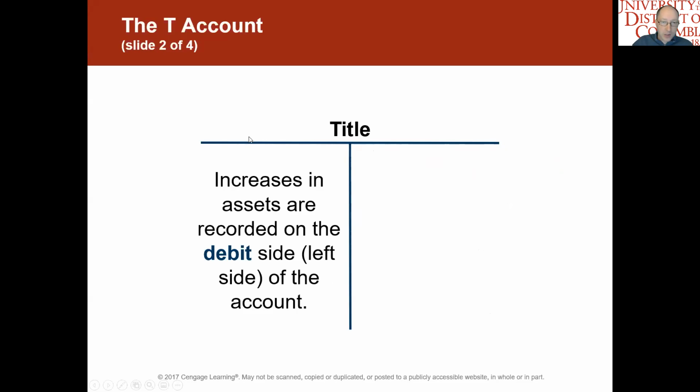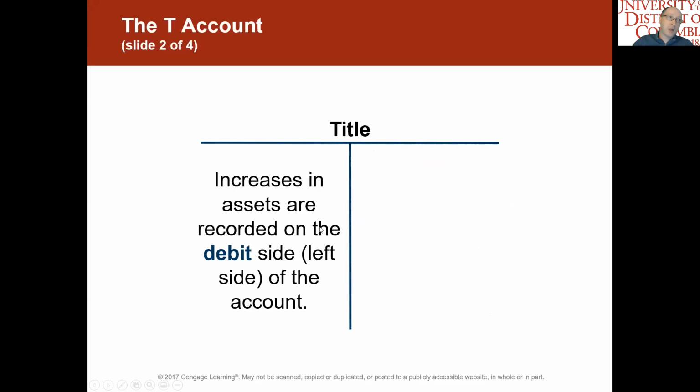The left side, as I said, represents the debit side of the account. This increases for assets that are recorded on the debit side. So to increase cash, we debit cash. To increase accounts receivable, we debit accounts receivable.